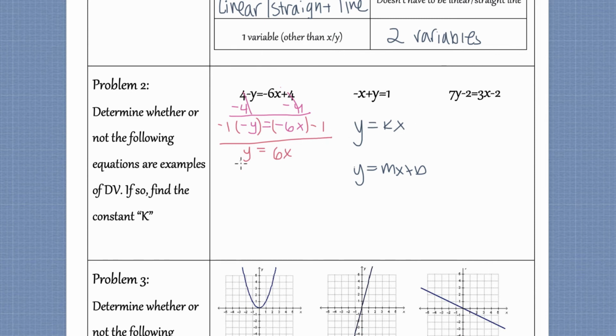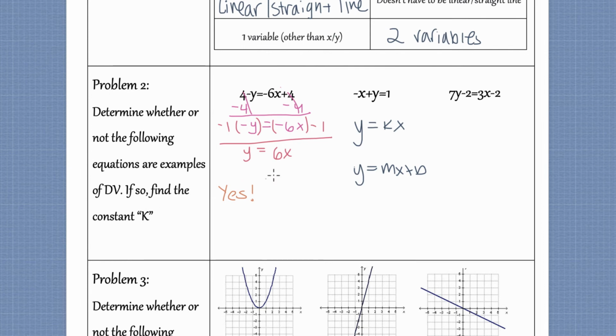So looking at these two, y = 6x most closely resembles the first one, which was the direct variation equation, because it doesn't have that plus b at the end. And so since y = 6x resembles the direct variation equation, this is an example of direct variation. So yes, this is an example of direct variation.